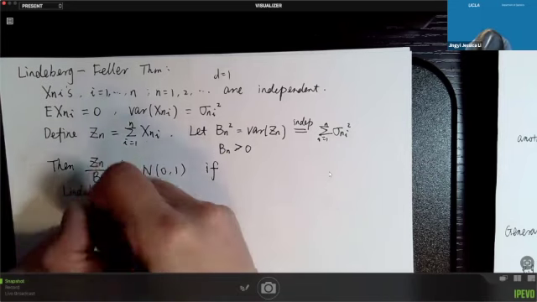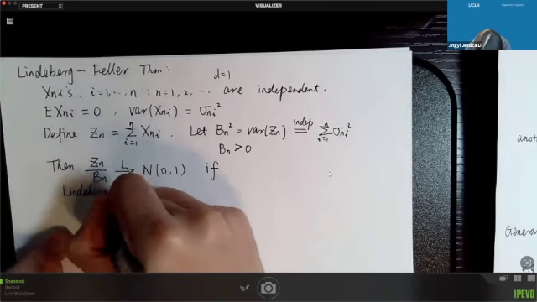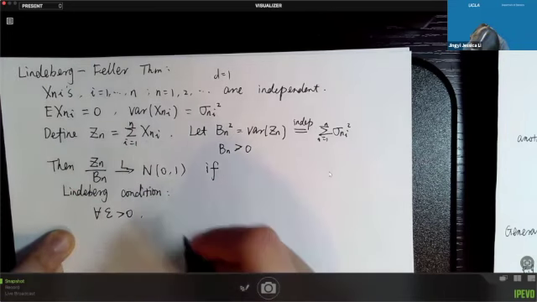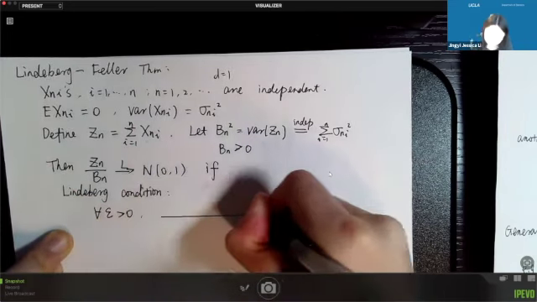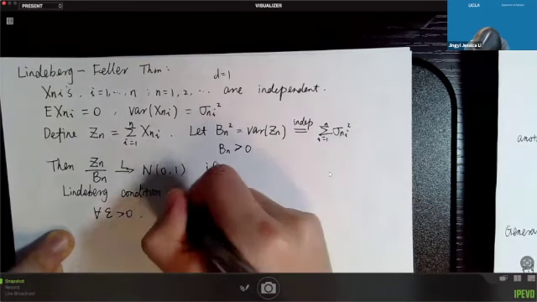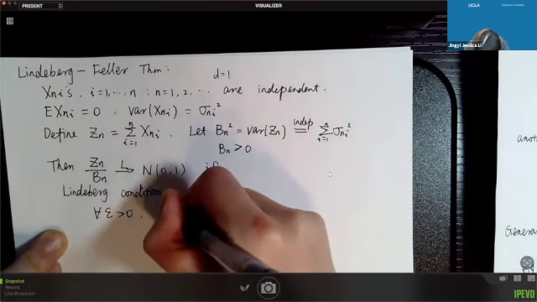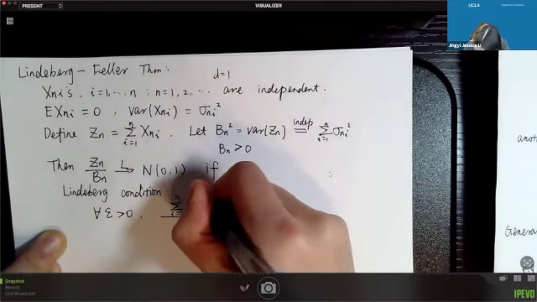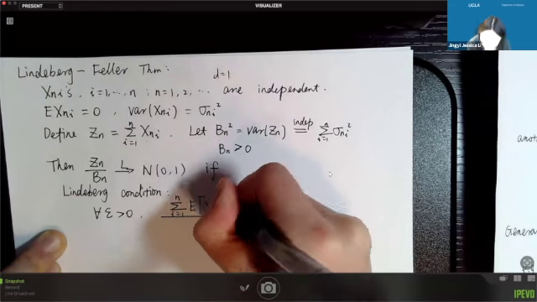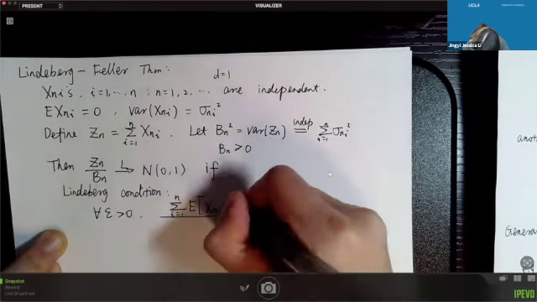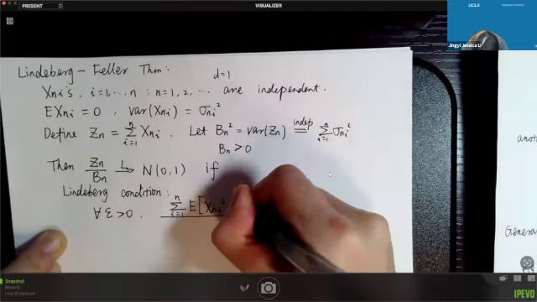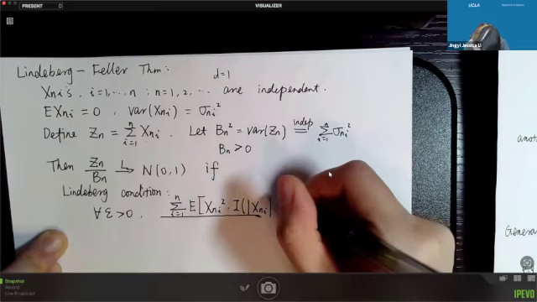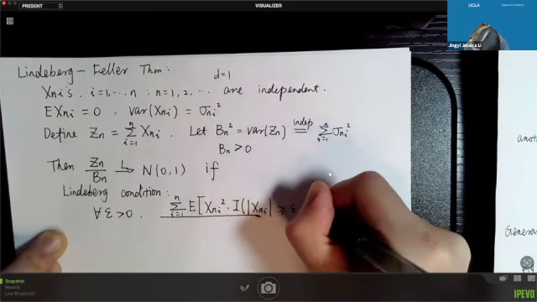Okay, so the Lindeberg condition says this: for any positive epsilon, this thing must converge to 0. So there's a ratio. In the numerator, we have i going from 1 to n, the expectation of Xni squared times the indicator function that the absolute value of Xni is greater than or equal to epsilon times Bn.